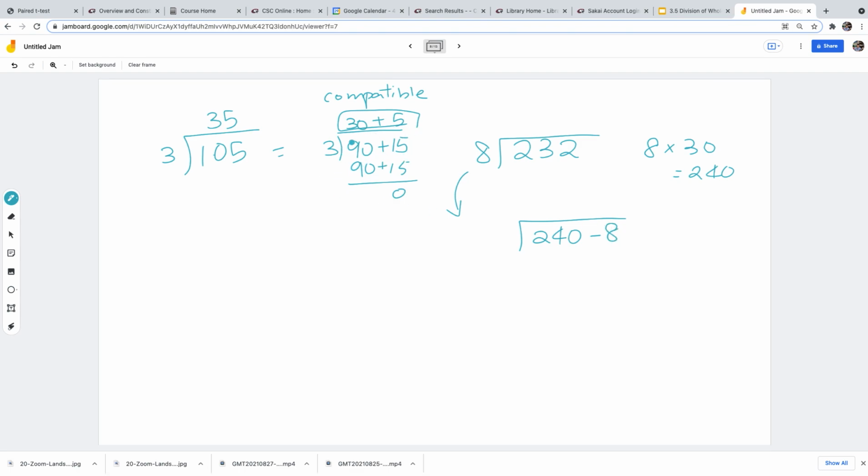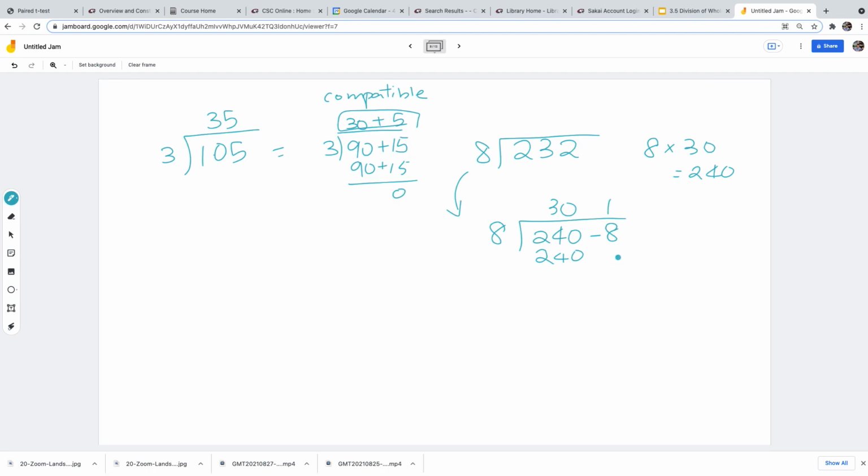Very similar to this addition here. Nothing has changed here. 232 is still the same as 240 minus 8. And I'm going to divide that by 8, and I'm going to look at the partial quotient there. 8 times 30 is 240. Right? And we also know 8 times 1 is 8.